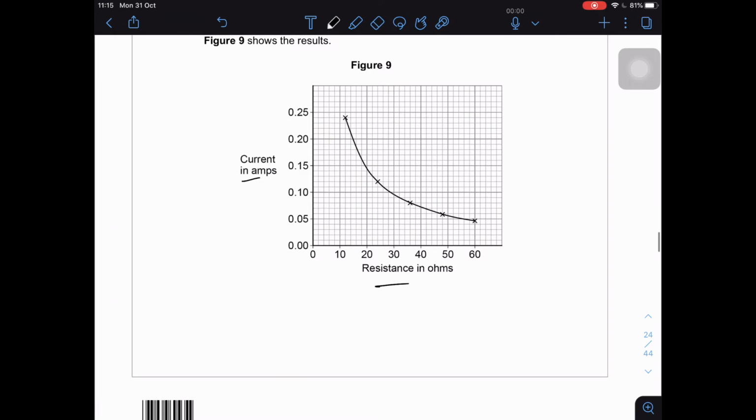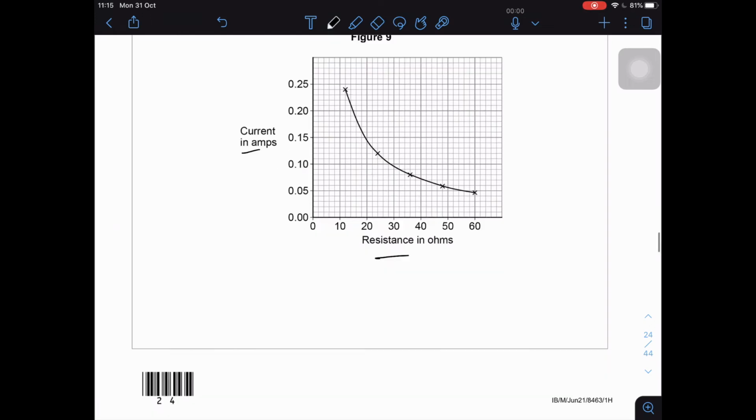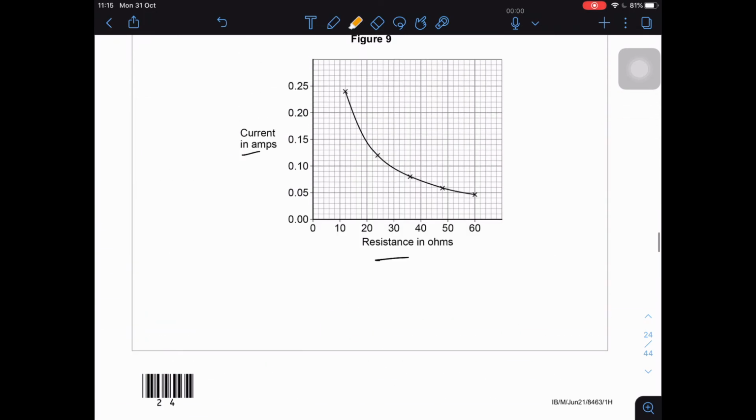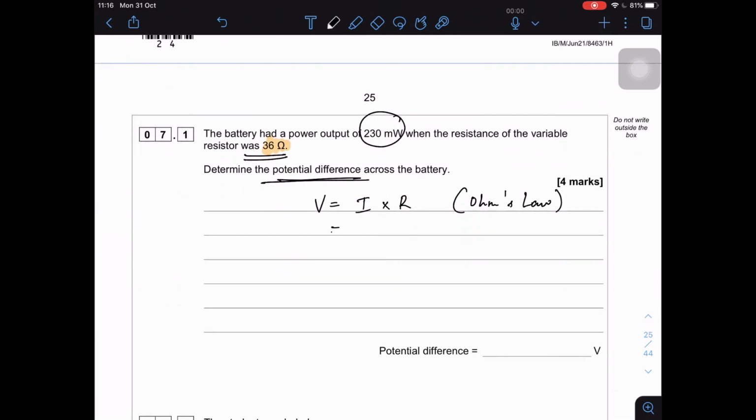So here it says 36 ohms. So that's 36. Okay, so what is the current here? 0.08. That's correct, 0.08. So the current is 0.08, resistance is 36, and you will get the answer of 2.88 volt, and that is a correct answer.